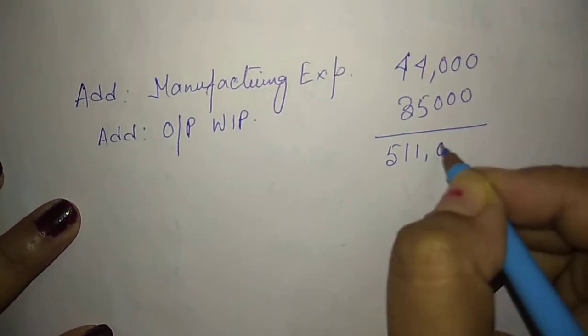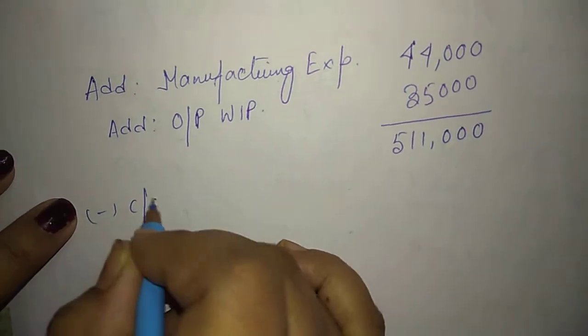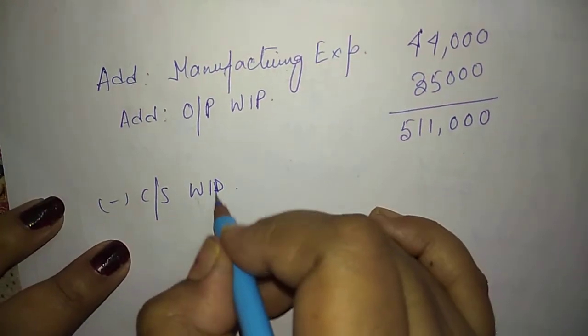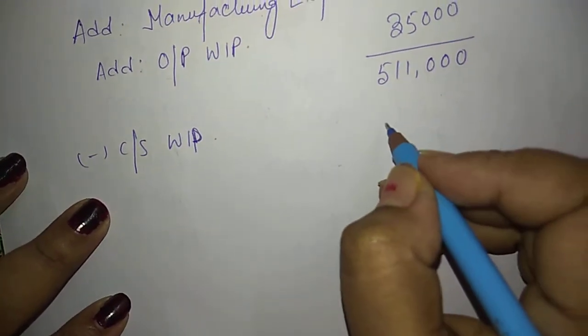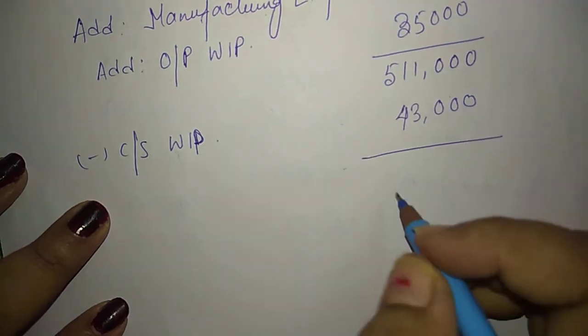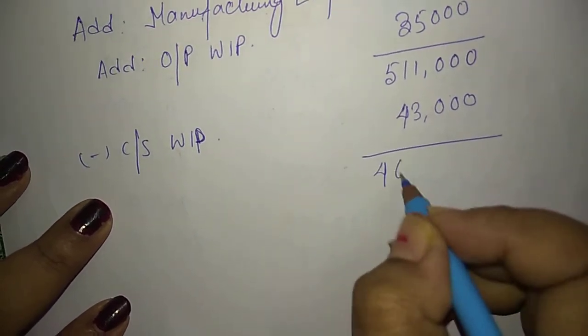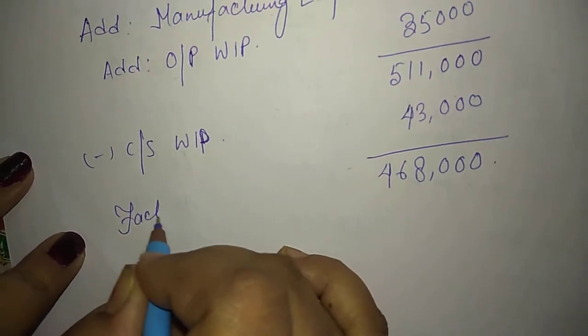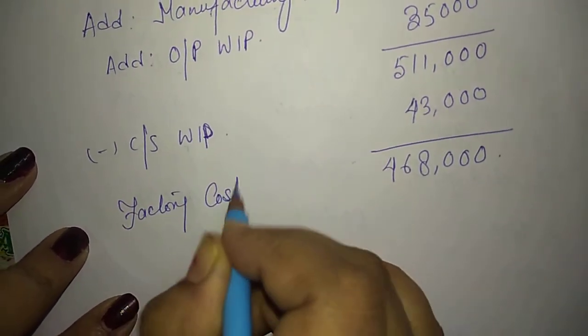It comes to 5,11,000, less closing WIP or semi-finished goods. They are saying semi-finished, but I am habituated to calling it WIP, so I write WIP. 5,40, it's coming to 4,68,000. What we get is the factory cost.